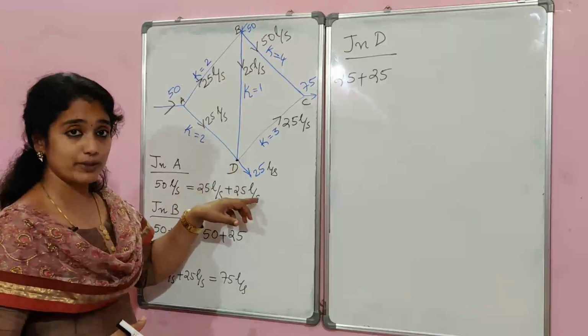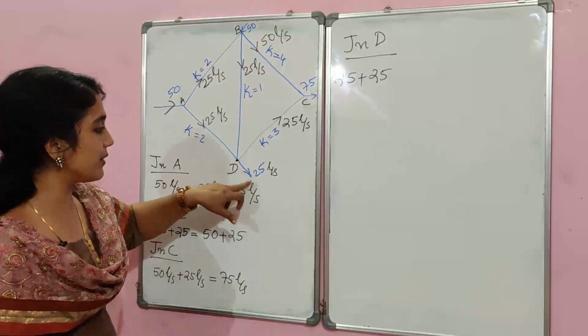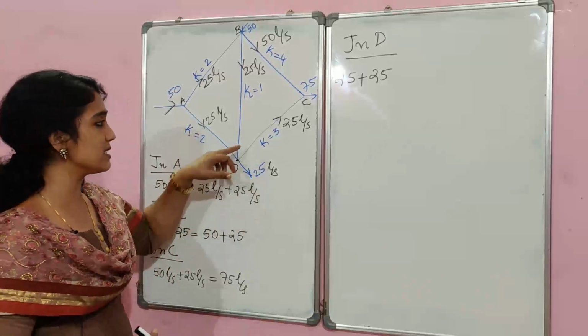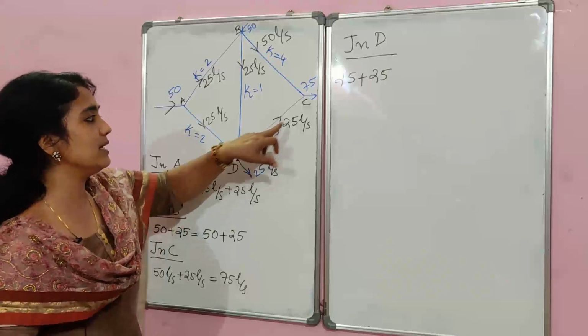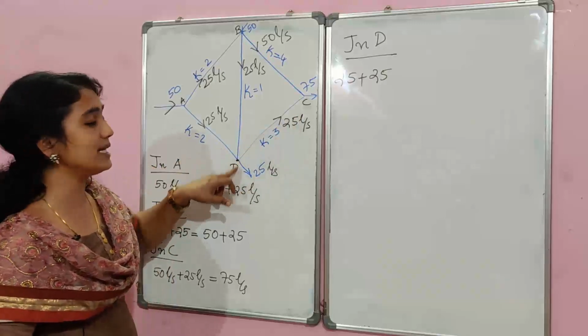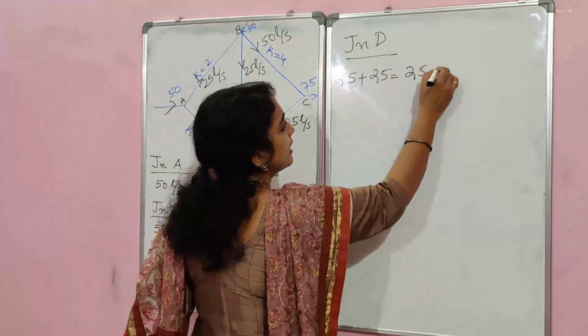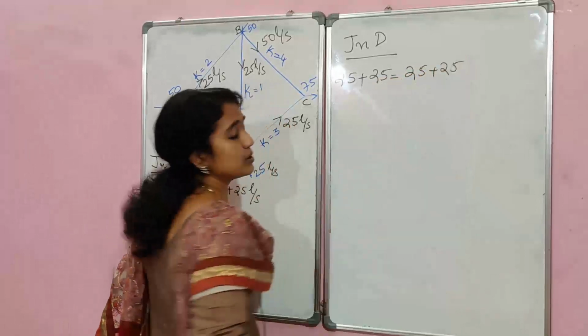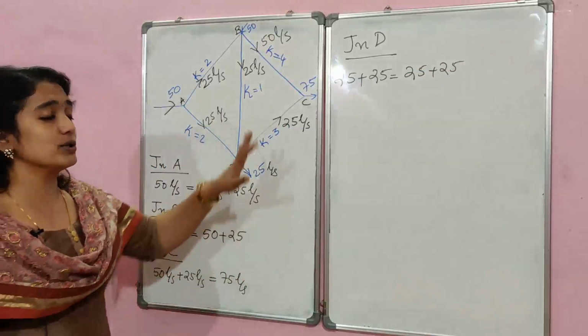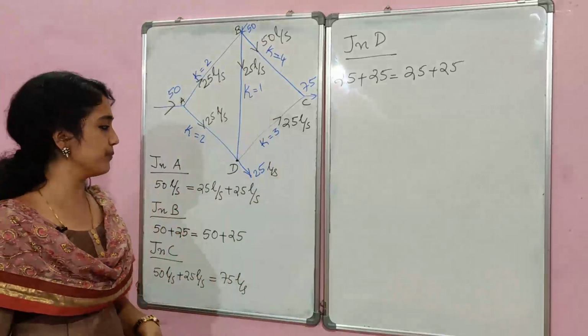So 25 is leaving, and the rest, 25, is leaving through the pipeline DC. So it is equal to 25 plus 25. So the rule is clear for junction D also.